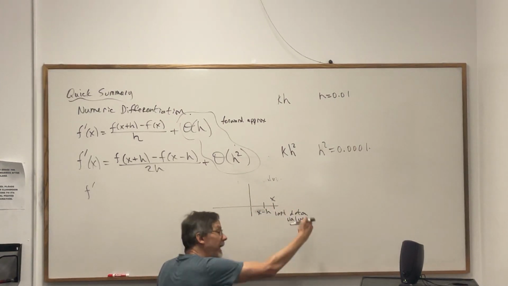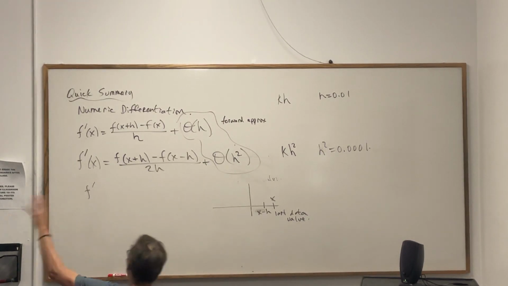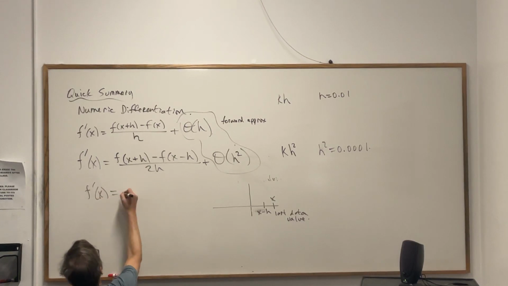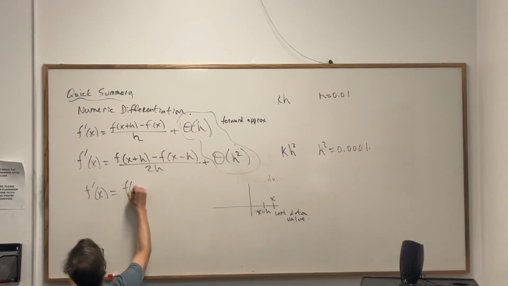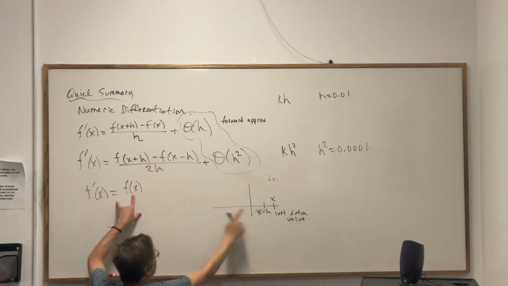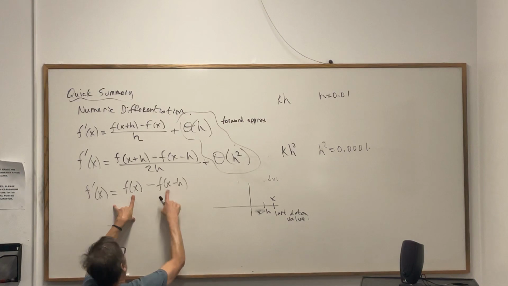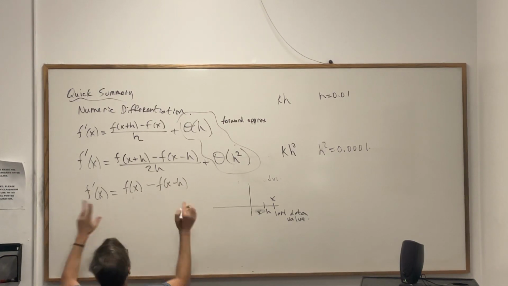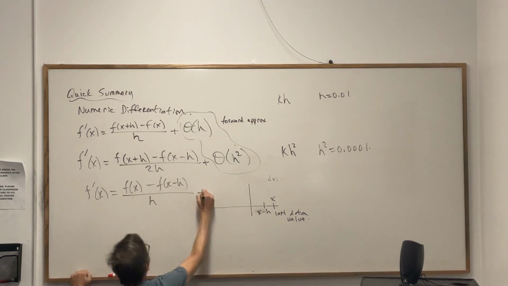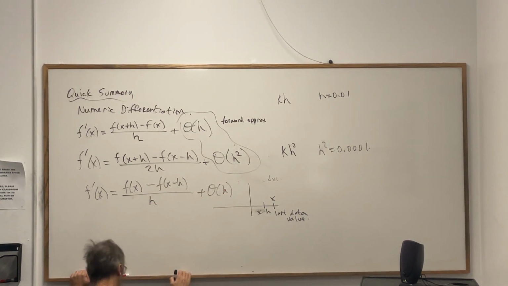If I'm at the right side or bottom edge of my data set, and everything else comes before that, I would use this approximation, which is a lot like the one up there, except that it's f of x minus f of x minus h, over h. Notice this is to the left of x, assuming h is positive. This is still not as great as the center one.